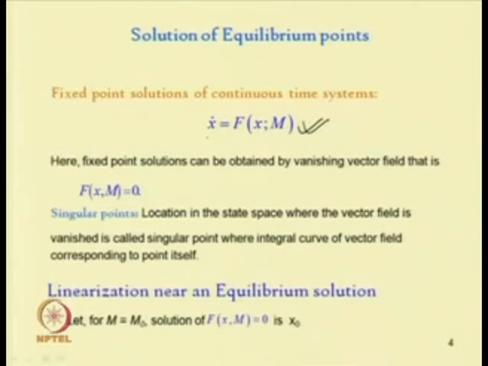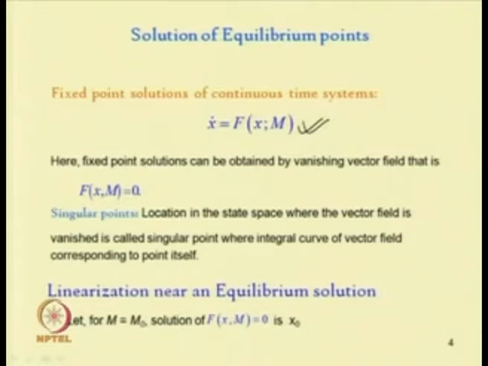If x double dot, the acceleration terms, are also there, then we may put that also equal to 0. In this first order equation, we write x dot equal to 0, so it reduces to f(x, m) equal to 0, from which we get the value of x, which corresponds to the equilibrium positions.